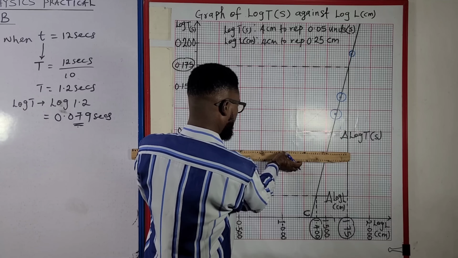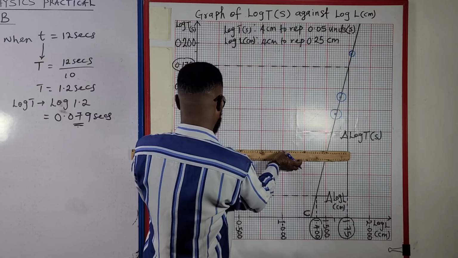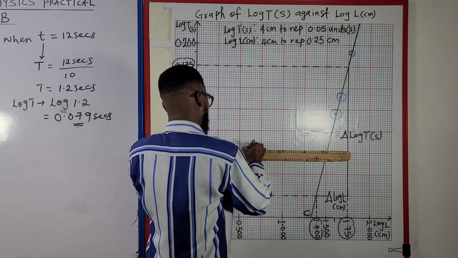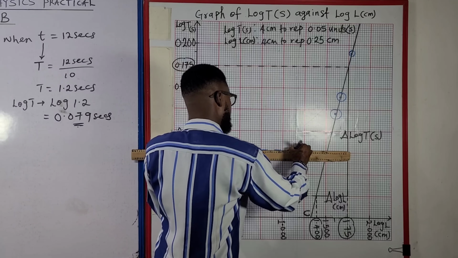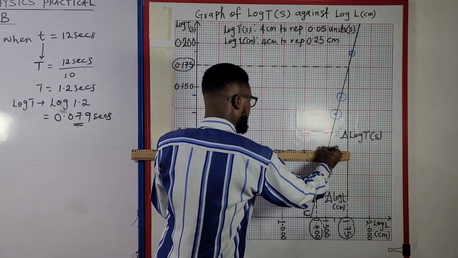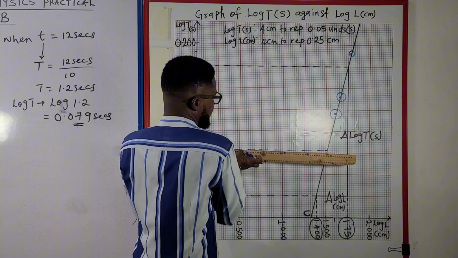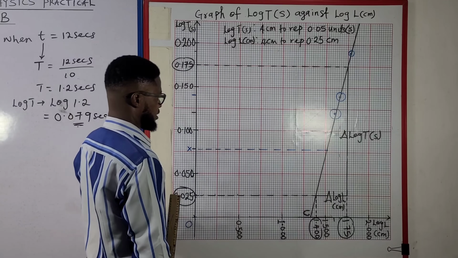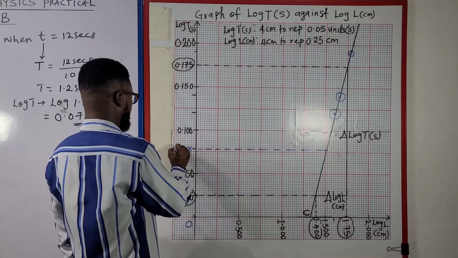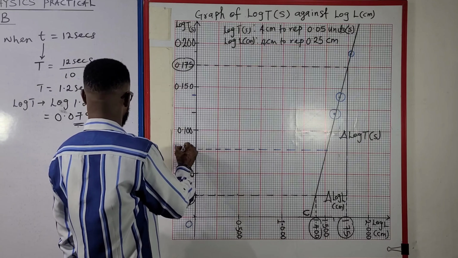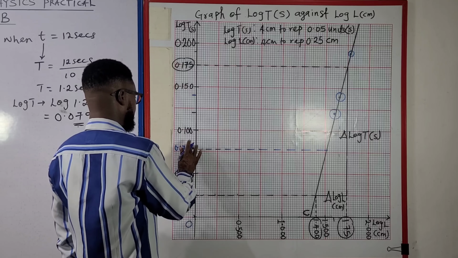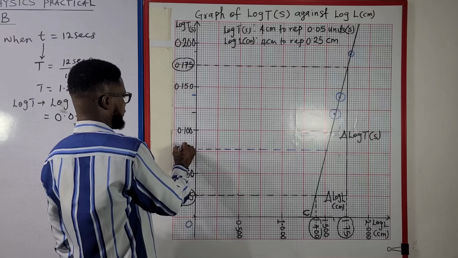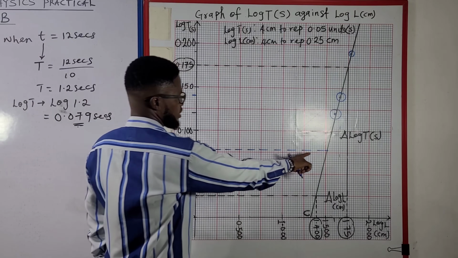But first we have to get our log T. So when we draw our extrapolated line, this is exactly where it cuts on the graph. This is 0.079, where it touches on the graph.